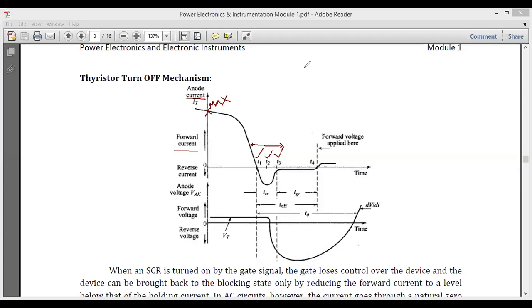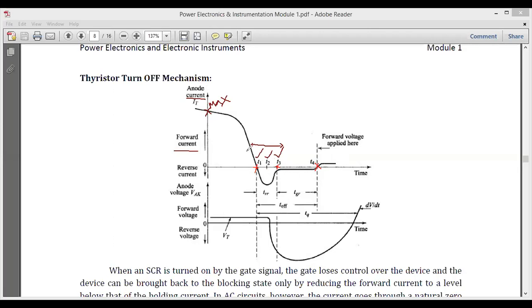It starts from this particular point and ends at this particular point. It remains below the zero level till it gets a zero crossing point at the time t4, and again it will slowly rise.